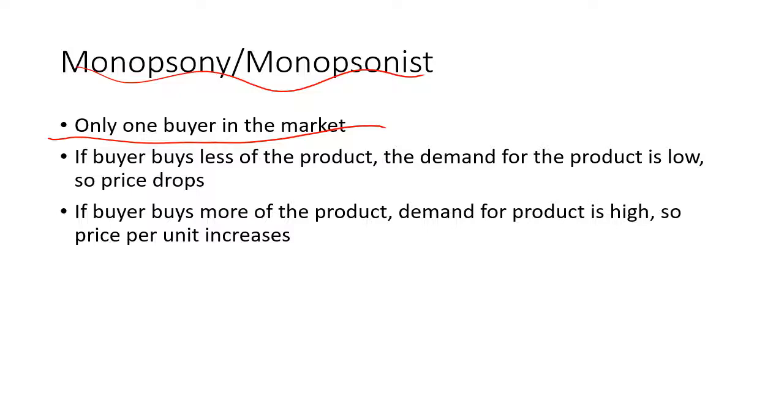Because there's only one buyer, if the buyer buys less of the product, the demand for the product is low and the price drops. If the buyer buys more of the product, then the demand is high, so the price per unit increases. Okay, and this all is going to have an influence on pricing, which we'll look at on some graphs as we go.